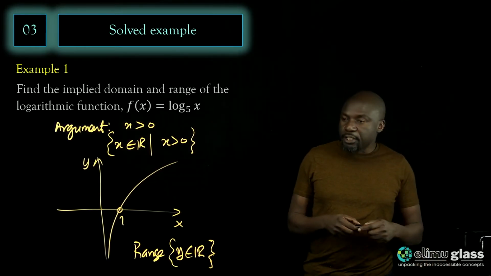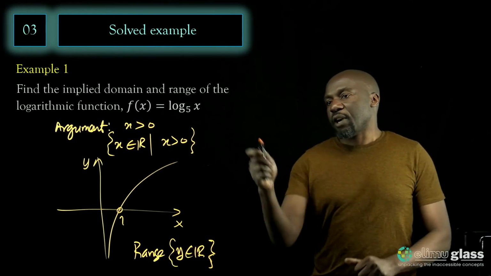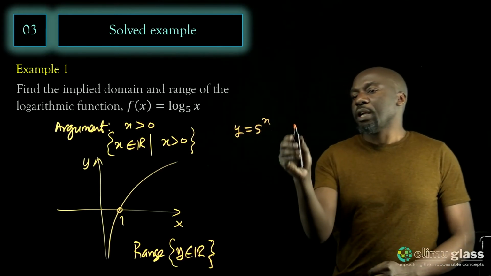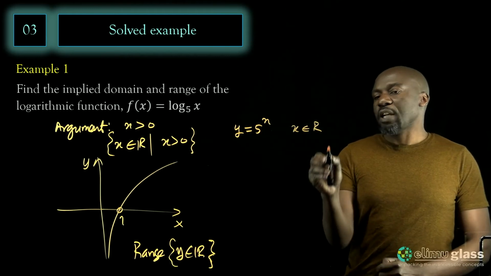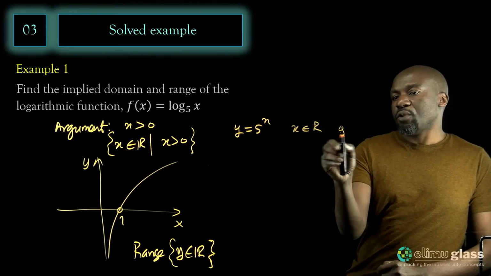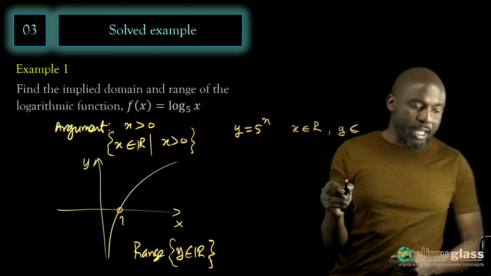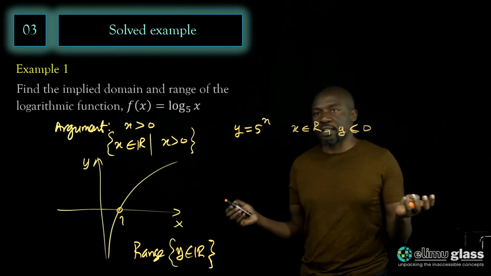You should already notice that there is some kind of swiveling or exchange: for an exponential function y is 5 power x, the domain is x is real, and the range is y is greater than 0. Y is always greater than 0, so any value of y greater than 0.